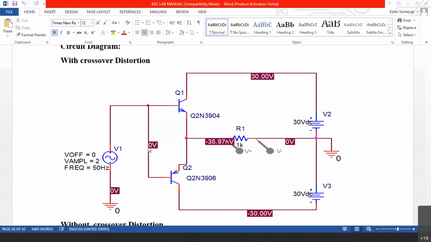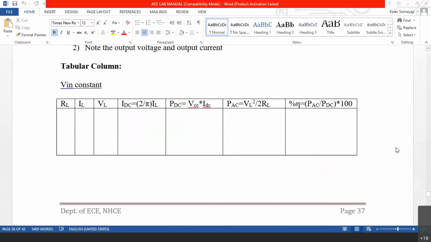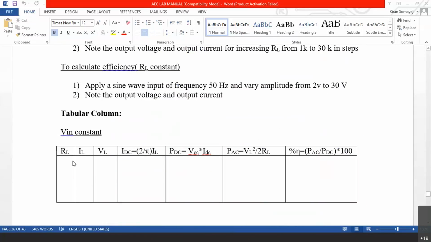So how exactly do we find out the impedance? Practically, what we can do is vary the load from 1 kilo ohm to 30 kilo ohms and find out at what particular value maximum efficiency is occurring, and that particular load is called the optimum load for the given design of class B amplifier.